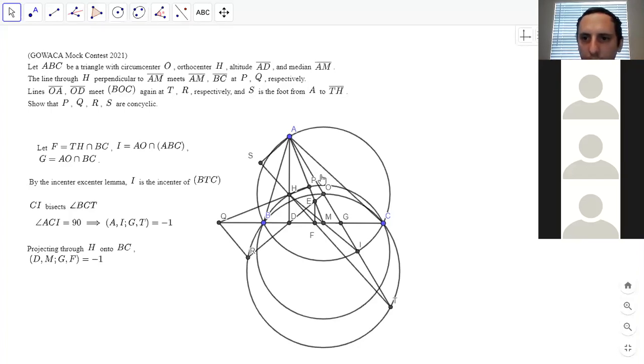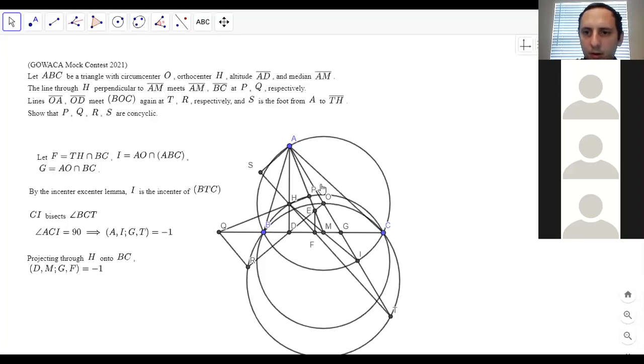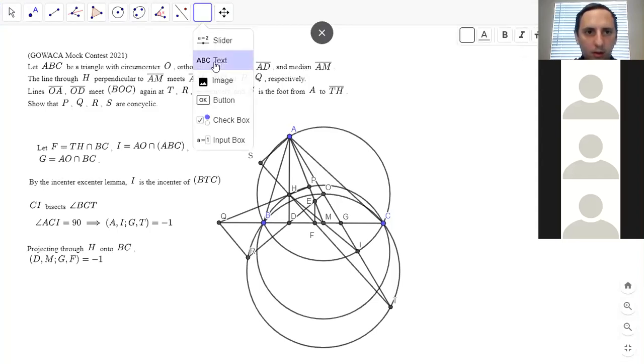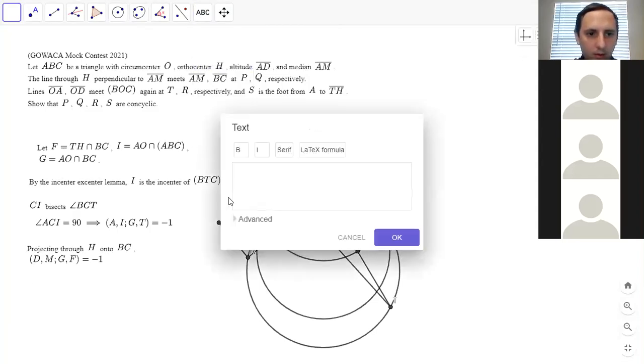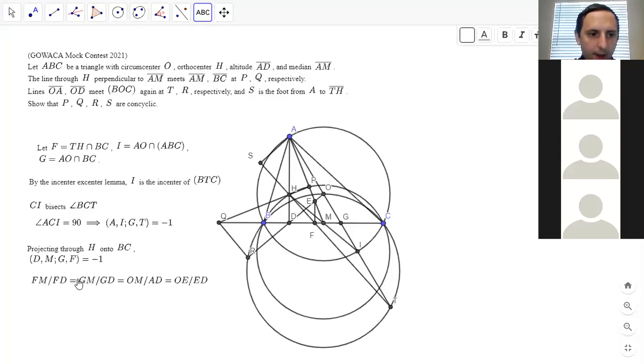I think what Hakan said might be the best way to show the parallelism. So FM over FD.